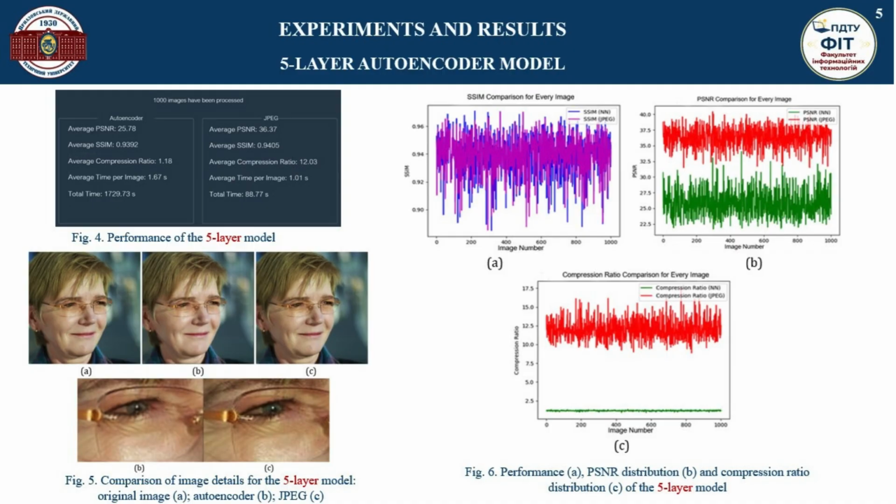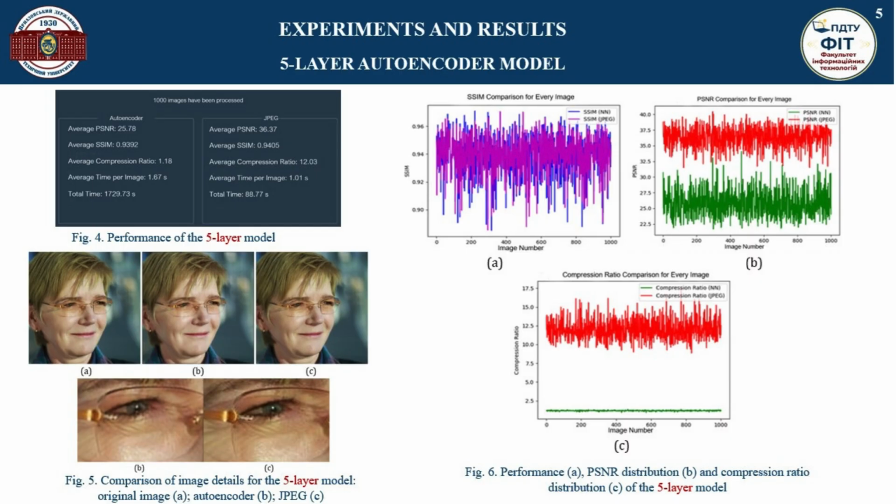The visual compression is presented in Figure 5. The images still closely resemble the original, though a slight difference in color becomes apparent. In comparison to the 3-layer model, there is a modest reduction in both SSIM and PSNR values.